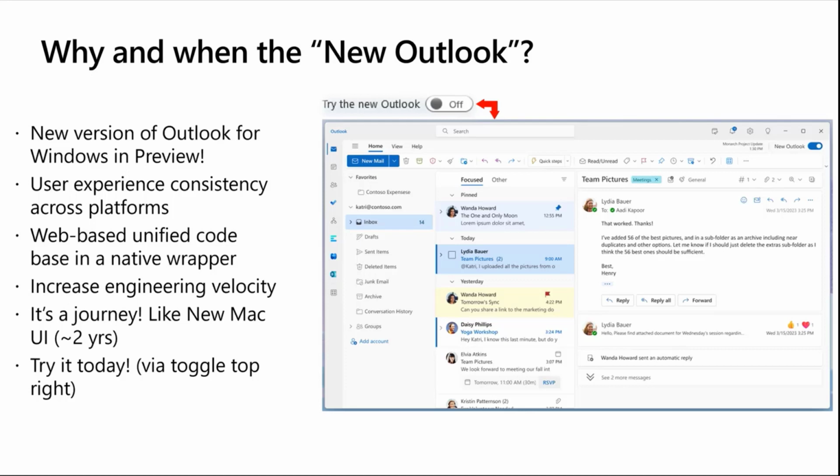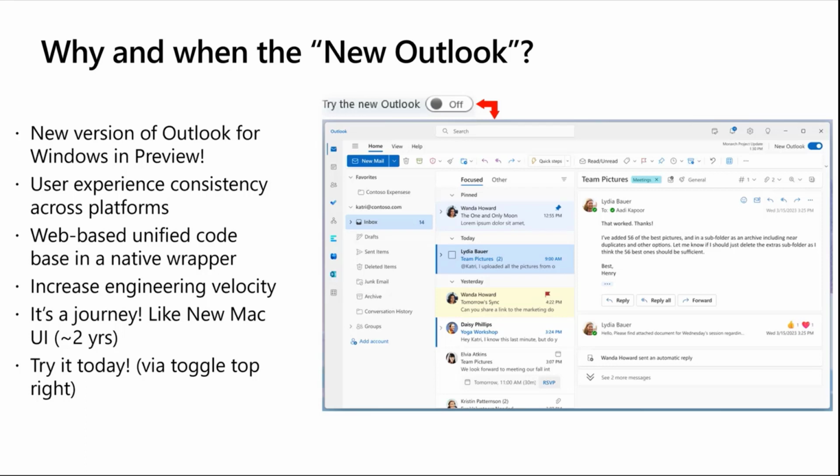You'll see a toggle in the top right of the Outlook screen that you can use to switch to the new experience. When you click on it, you get into the new Outlook. The thing I want you to learn about this is why we are doing it and when it's going to happen, which are the most common questions.